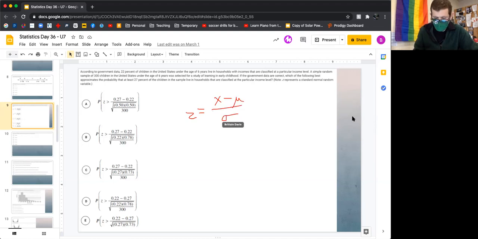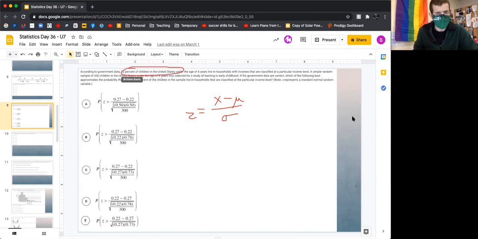And notice that we decided right off the bat that this was dealing with proportions. Does it ever say the word proportion? I don't know that I can see it. But you can decide if this is proportions or means, and it's not hard to figure out because of this phrase right here, 22% of children in the United States.